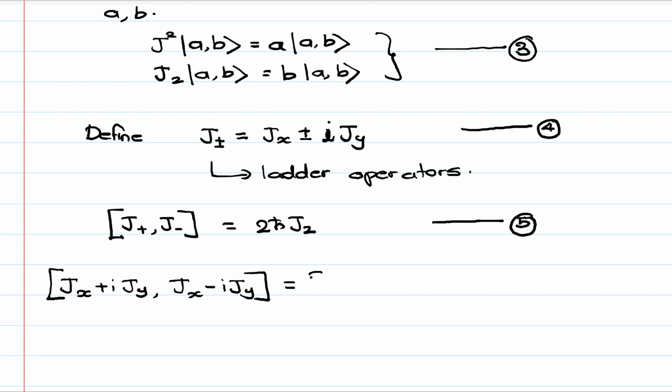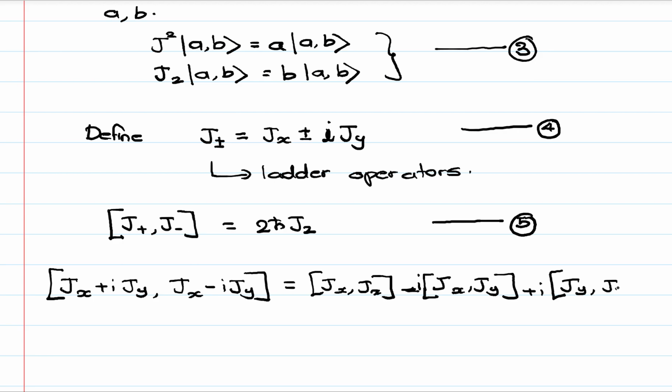That is equal to the commutator of jx and jx, minus i times the commutator of jx and jy, plus i times the commutator of jy and jx, plus the commutator of jy and jy.